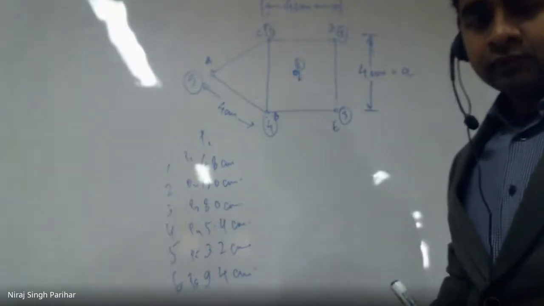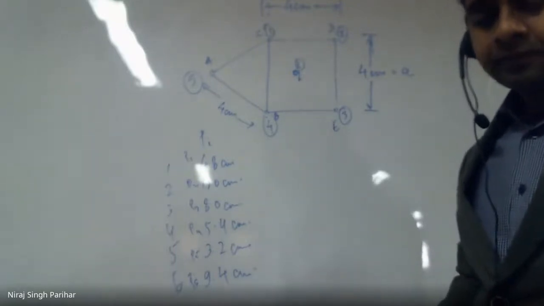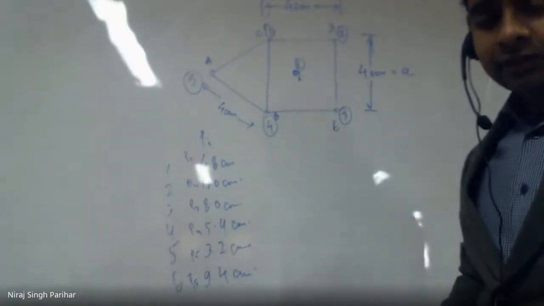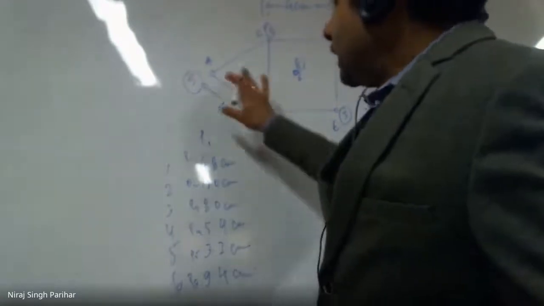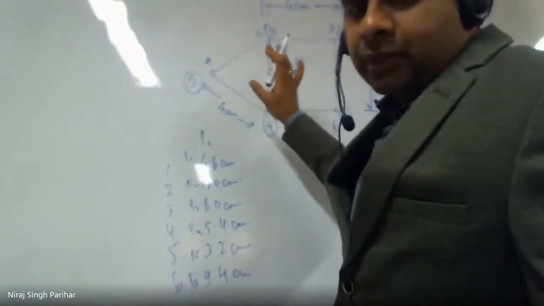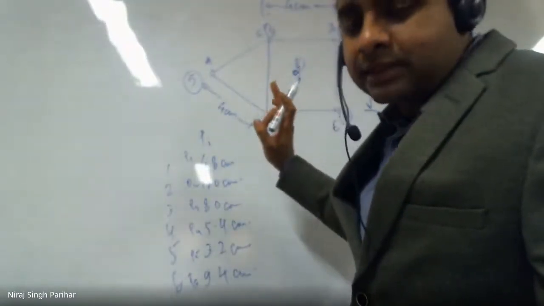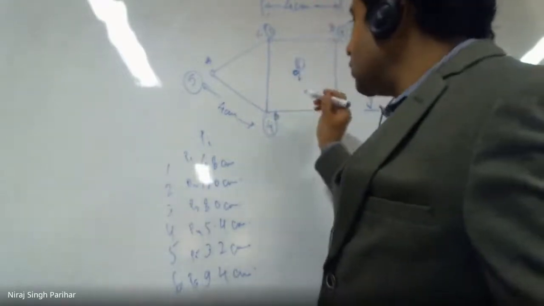How can we divide? I have told you one method: to divide a triangle equally into 3 equal parts, we have to draw perpendicular bisectors. Can we draw perpendicular bisectors to all the sides?